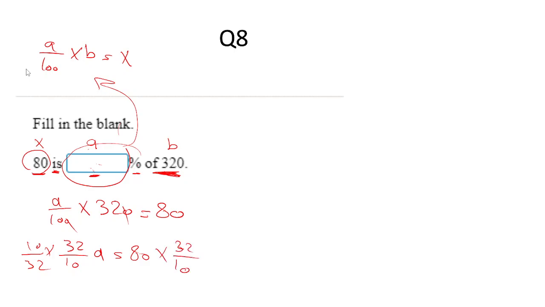Remaining will be 32 over 10 A equals 80. Simplify, so now we have 8 multiplied by 32. Oh, sorry, I think there's something wrong here.